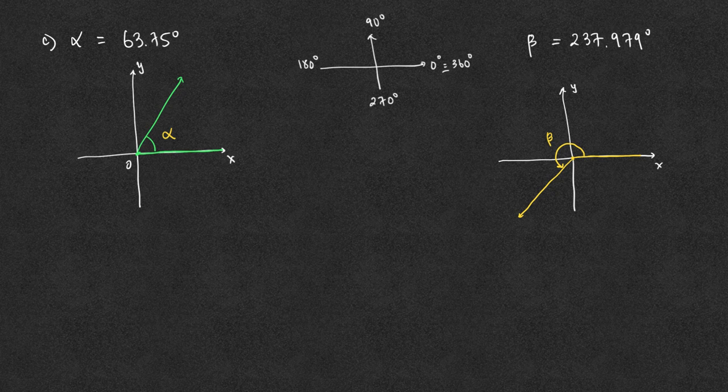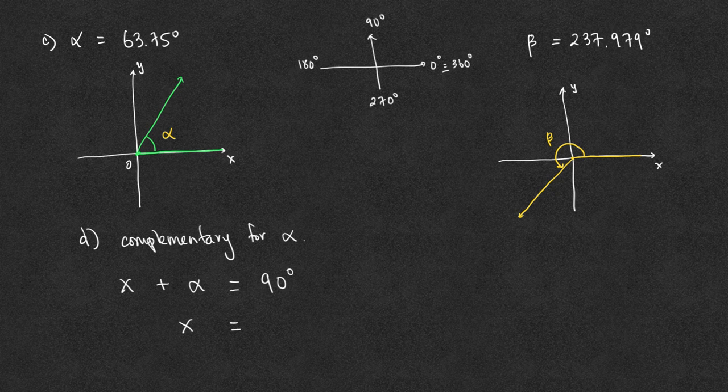For part D, complementary angles are angles that add up to 90 degrees. If x and alpha are complementary, then the sum needs to be 90 degrees.